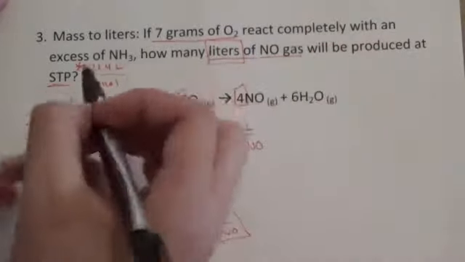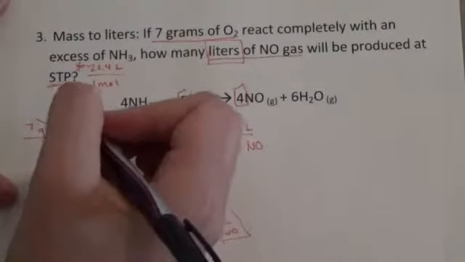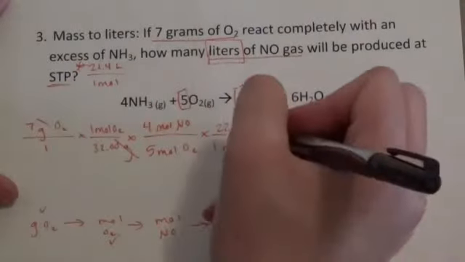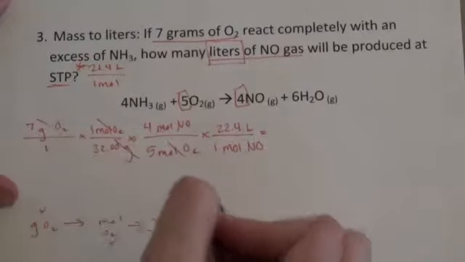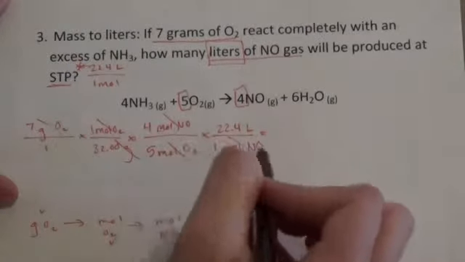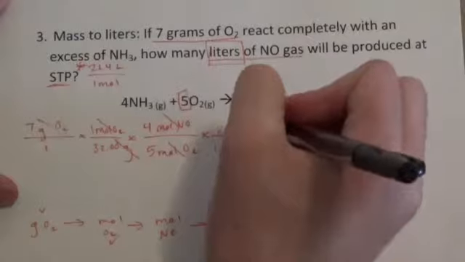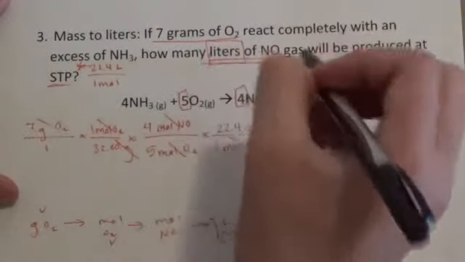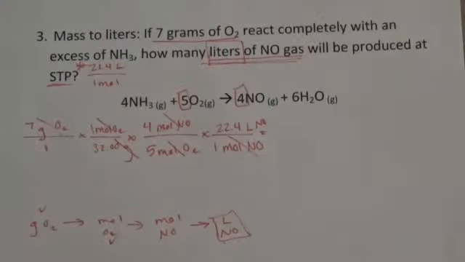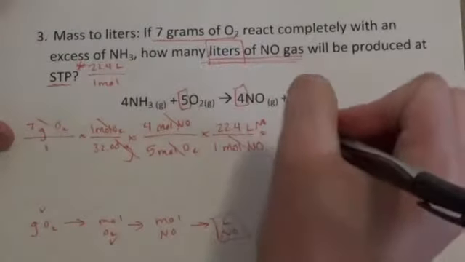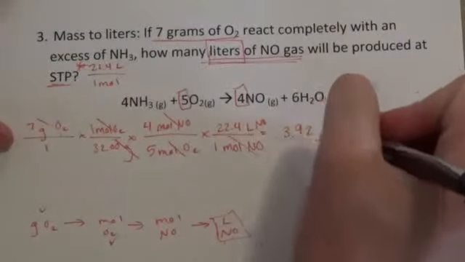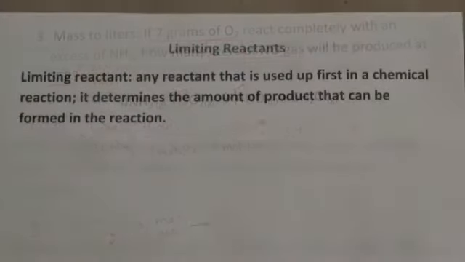And this is all depending on the fact that it's at STP, which is standard temperature and pressure. So we're going to go through. We got our moles of oxygen cancel out, moles of NO, moles of NO, and we're going to be left with our liters of NO, which is what we want. So we're going to do these calculations here. We're going to end up with 3.92 liters of NO.